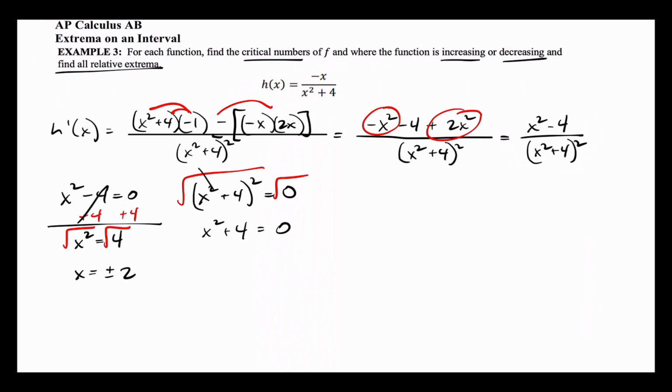So my only critical values are positive 2 and negative 2. Critical values, critical numbers, whatever you want to call them. So positive 2 and negative 2.